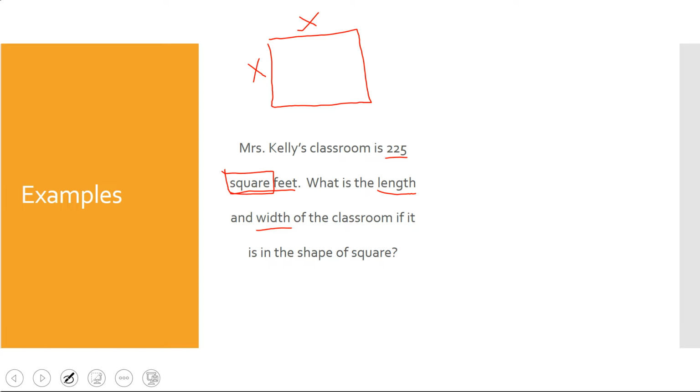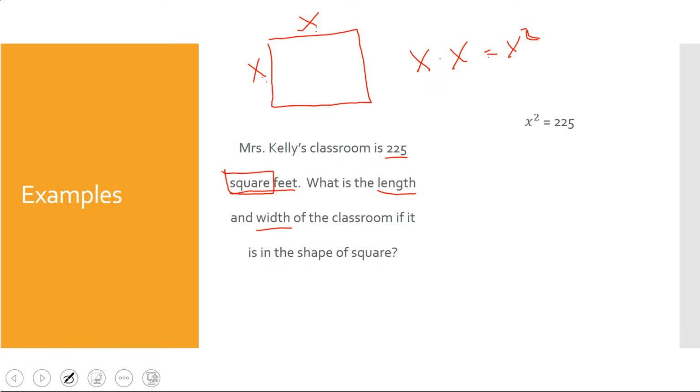Now, the best way to do this is you can just create an equation, and you can say, okay, well, I know that x and x are going to be my length, which is saying x times x, which is x squared. So I know that whatever x is squared is going to give me 225. Let me just reiterate that: when you find area, x and x are being multiplied, and so x times x is the same as x squared.